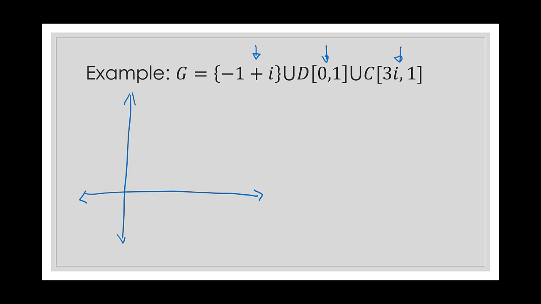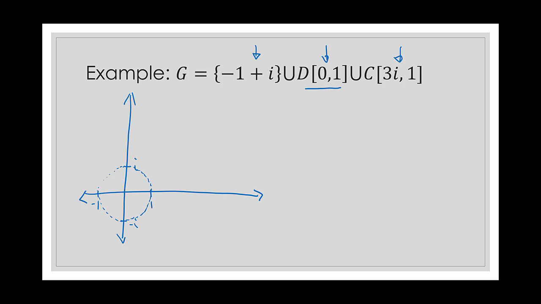I'm going to try to be precise here, but we'll see. So D(0,1) is the open disk centered at 0 of radius 1. So let's say this is 1, this is i, this is negative 1, and this is minus i.